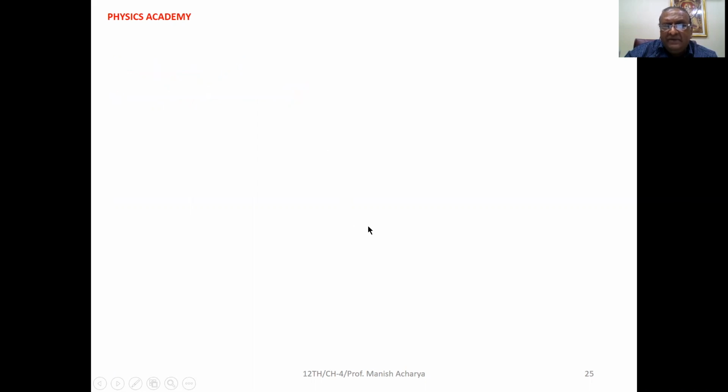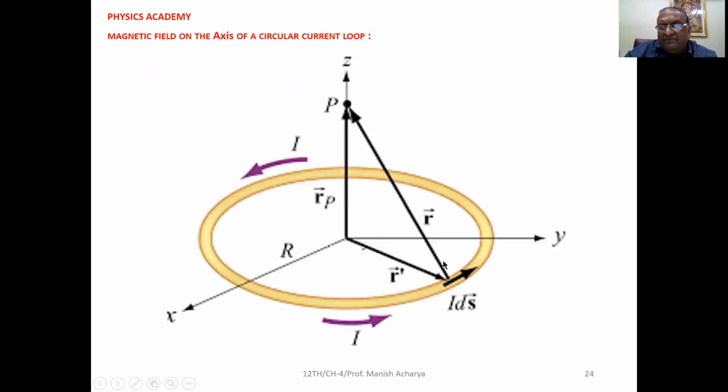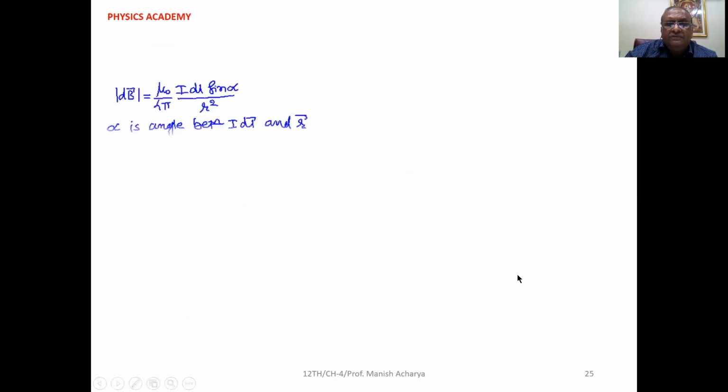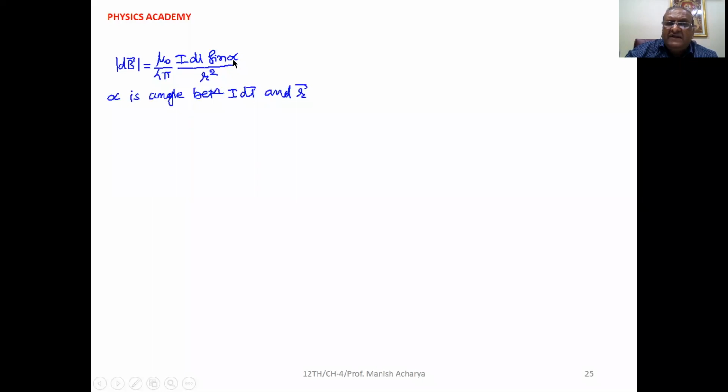Now see, in this particular figure, you can easily understand the angle between this current element and this position vector is 90 degrees. So here alpha is 90, meaning the magnitude of the magnetic field we can write as mu 0 upon 4 pi I dl upon r square.